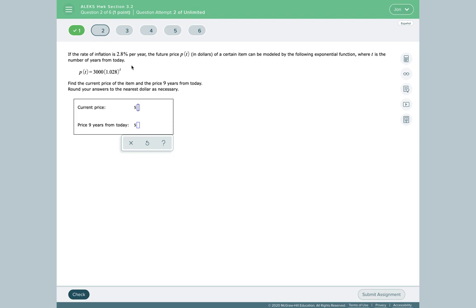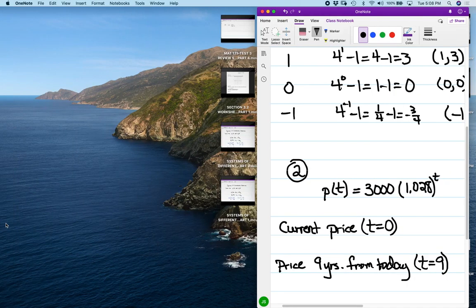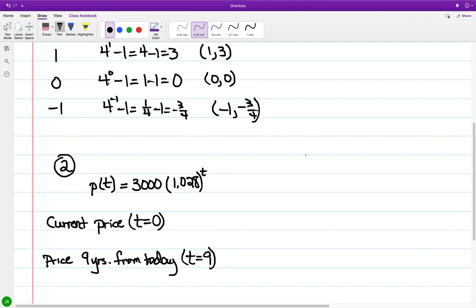Okay, so we have with the current price, this will be the price as of today. And so in looking at what we have in modeling, with our formula, you have P of t is equal to 3,000 times 1.028 raised to the t power.